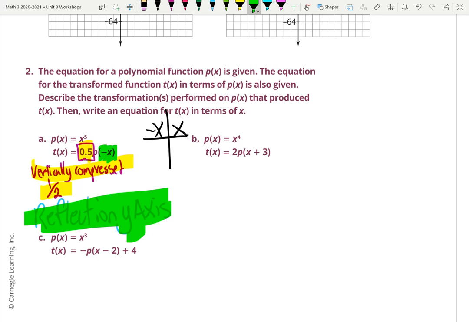Here for B. Notice the 2 is on the outside, so it's going to be similar. Instead of being compressed, it's going to be a stretch. It's a vertical stretch by 2. It's doubled. Now, what is happening here on the inside? X plus 3.